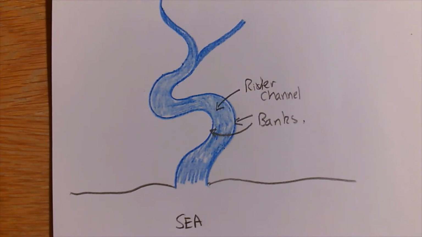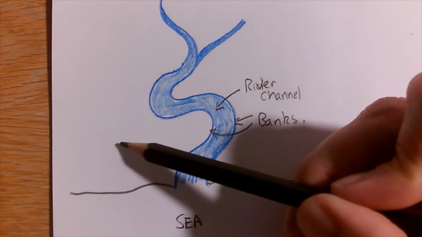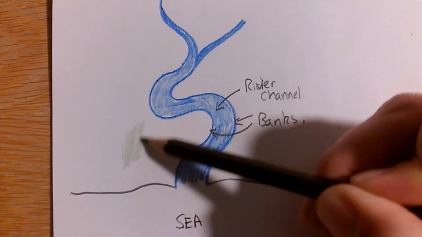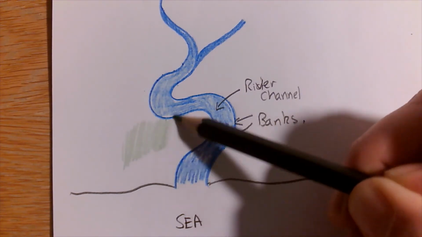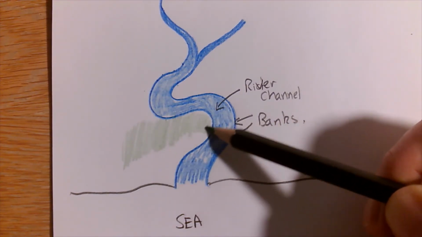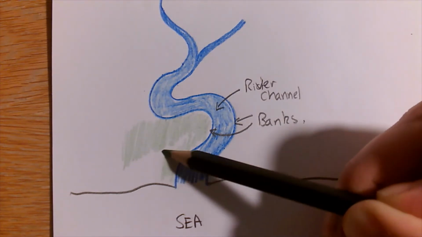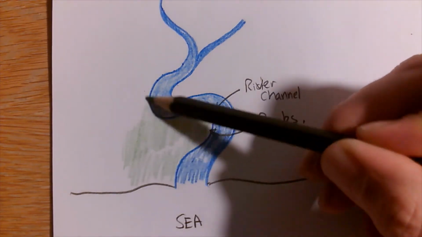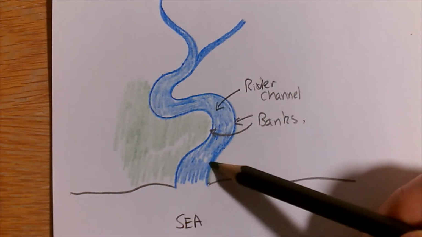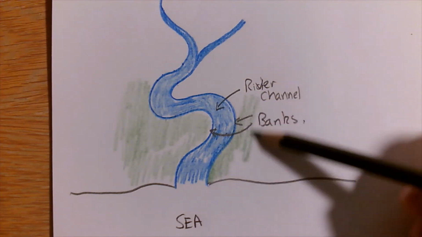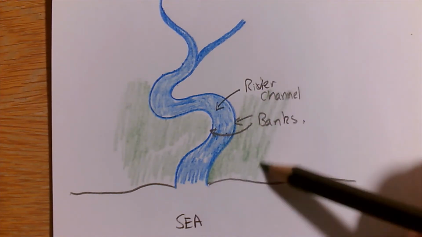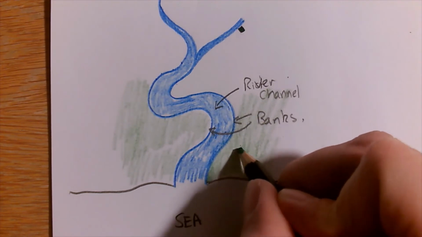The land is lovely and flat, where you might get cows grazing or people building cities, because building on flat land is so much easier. We call this area of flat land that we find either side of our river, we call this the floodplain.